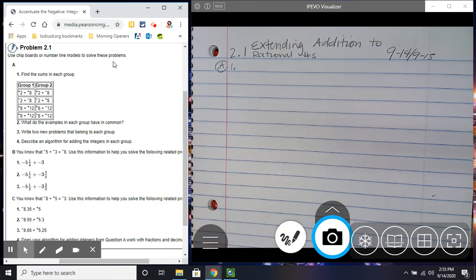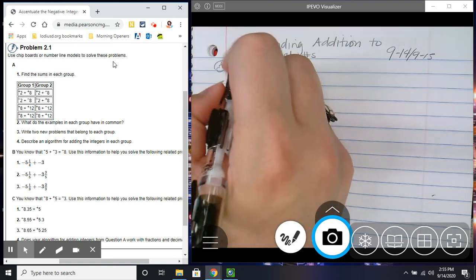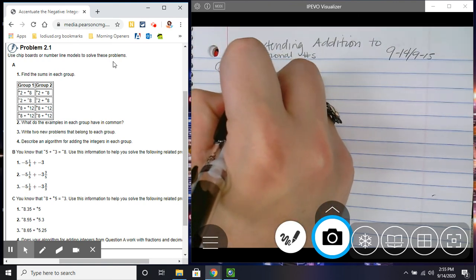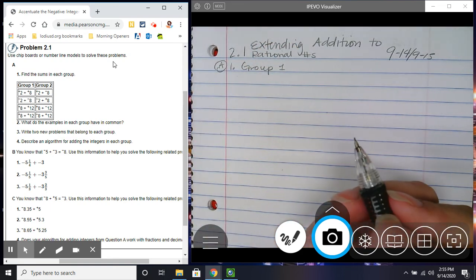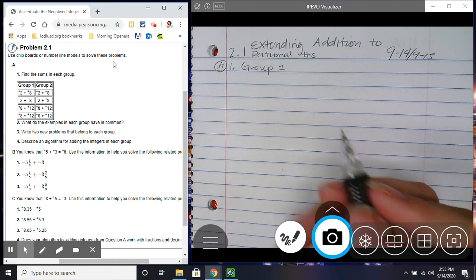A1 says find the sums in each group. Group 1 has 4 different questions.